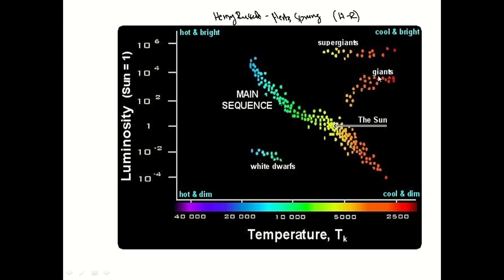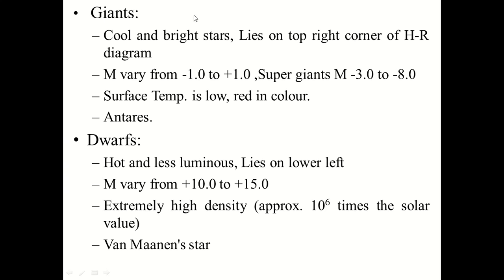The giant stars are big and bright, their surface temperature is low, and they are usually red in color. So giants are the cool and bright stars which lie on the top right corner of the chart diagram.